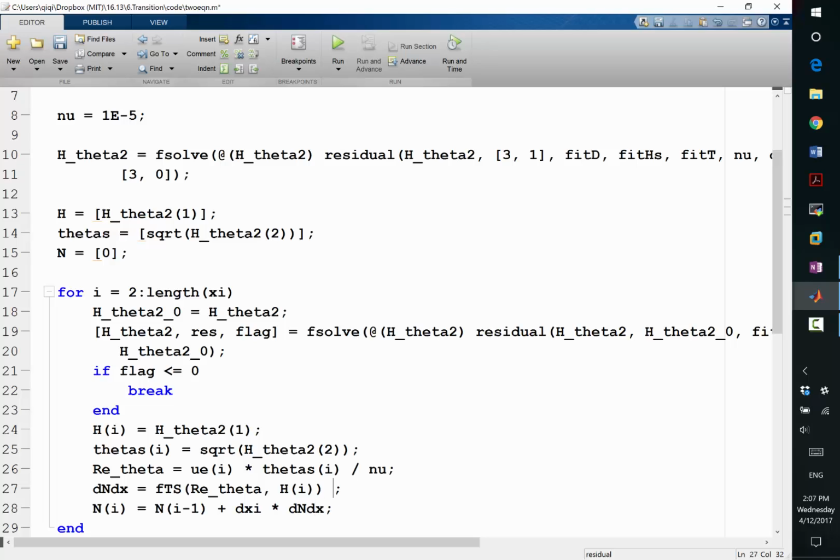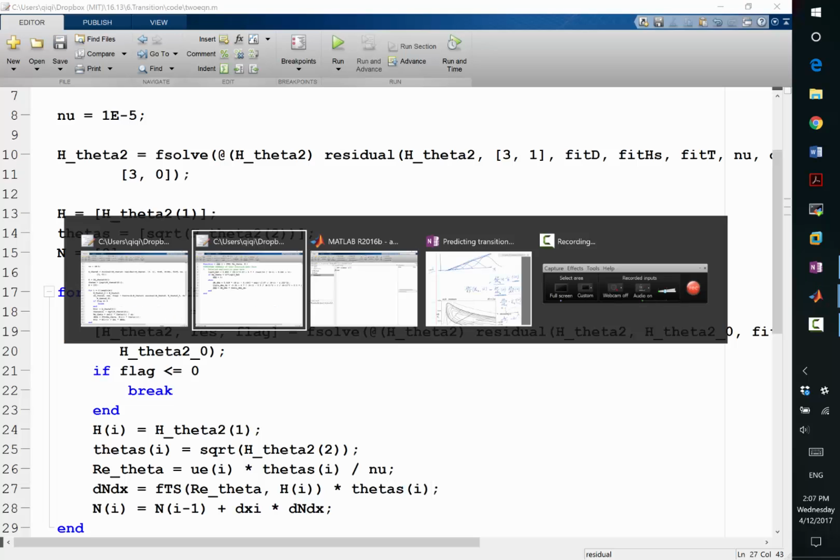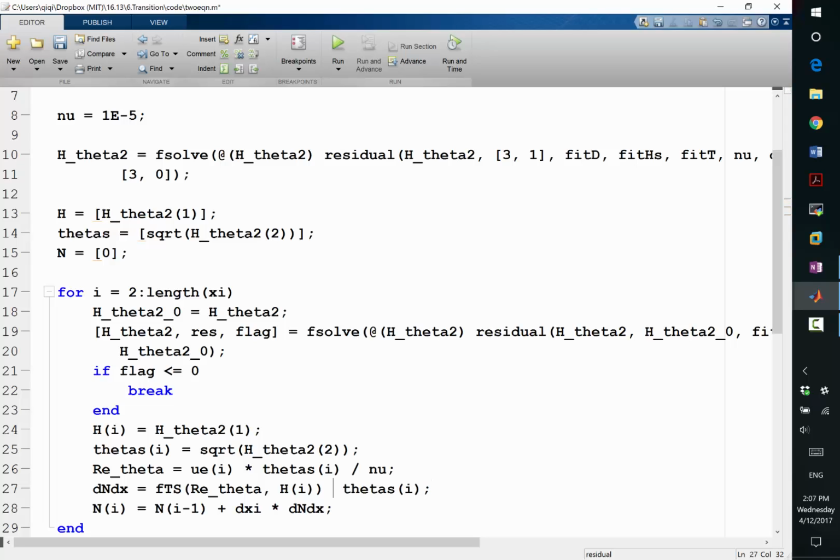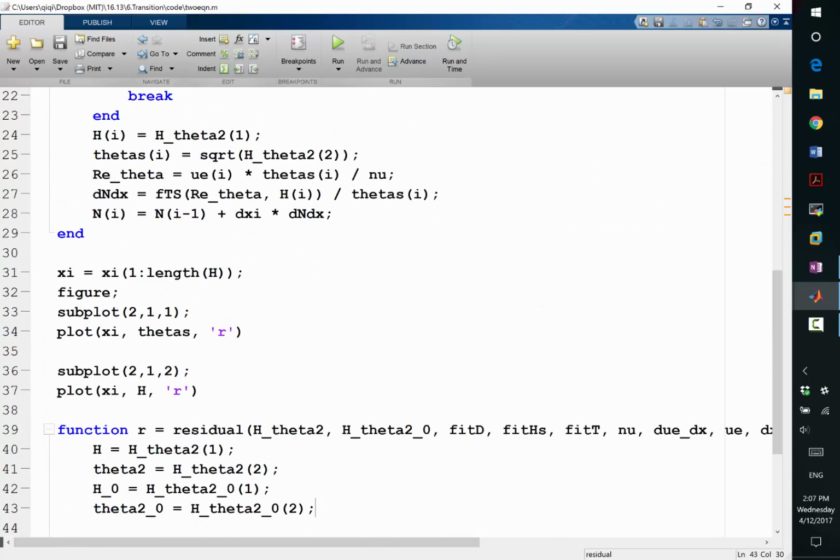And I think I forgot to multiply by theta. Right? Should I be multiplying by theta or dividing by theta? I should be dividing by theta. Yeah, thanks.